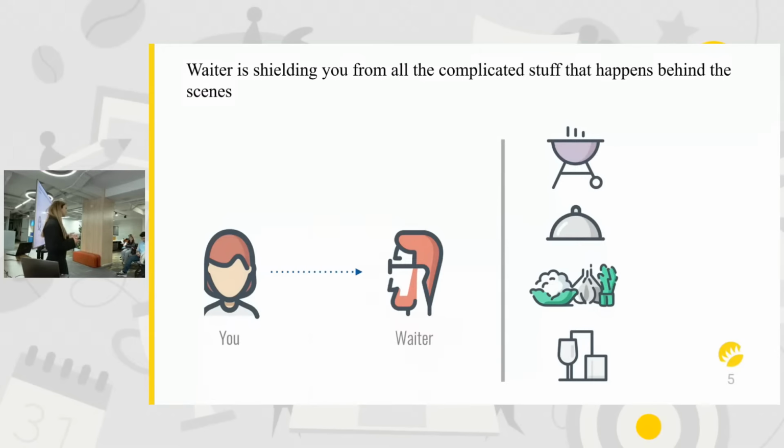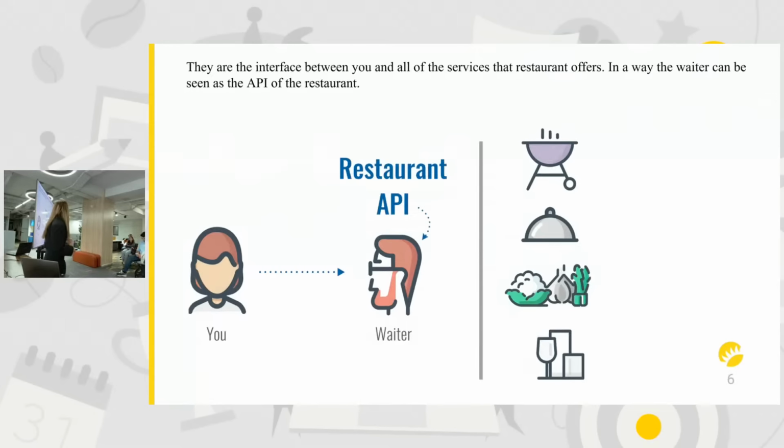Even in some restaurants, you don't have to worry about pouring drinks. So the waiter is shielding you from this complex stuff, and you don't need to worry about anything. Here, you can think of the waiter as the restaurant API.